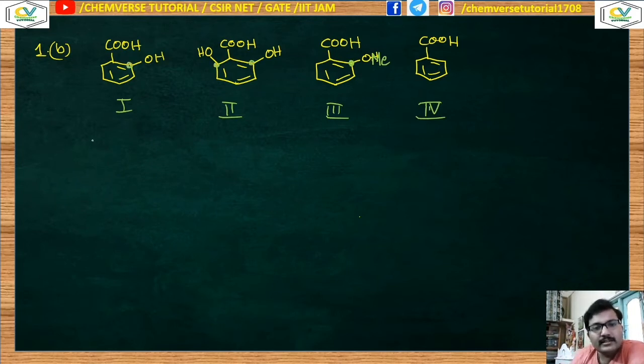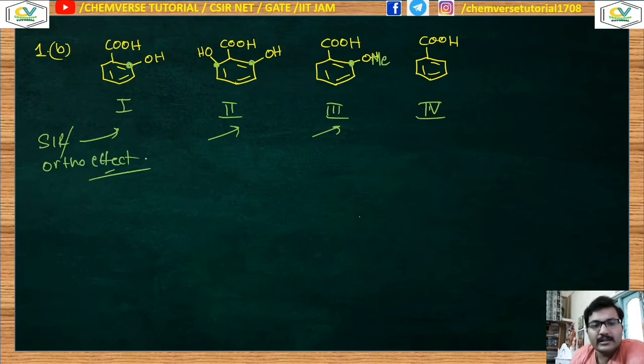So the ortho effect, that means the SIR, will operate over here and over here. The ortho effect is operating in all the cases. That means 1, 2 and 3 will be more acidic than 4. So this will be your least acidic. There is no ortho effect.